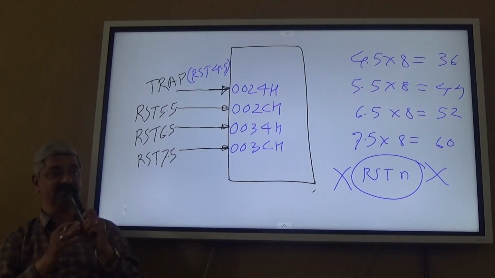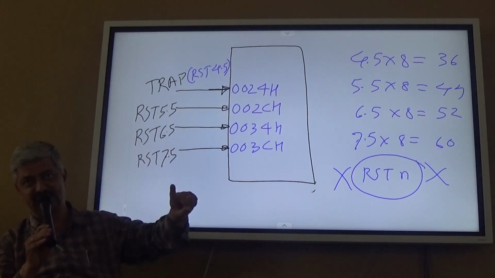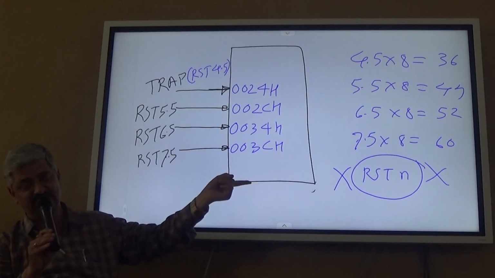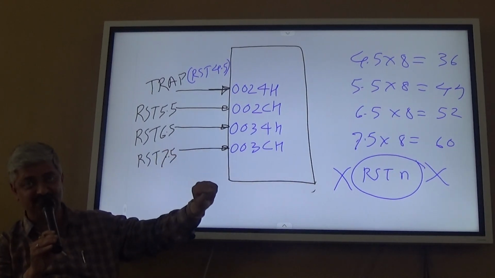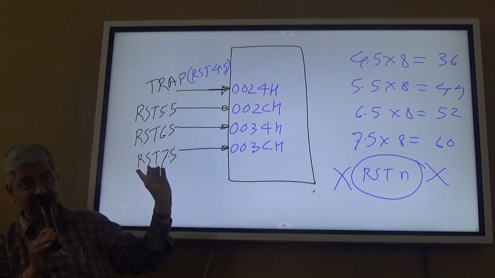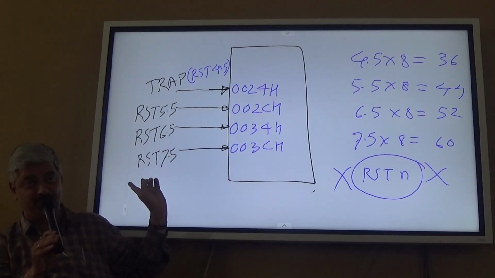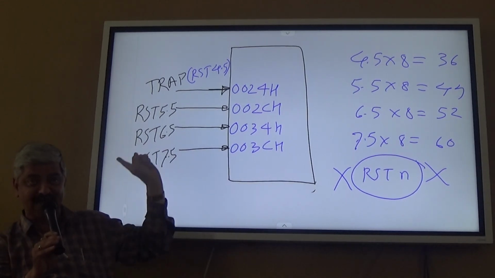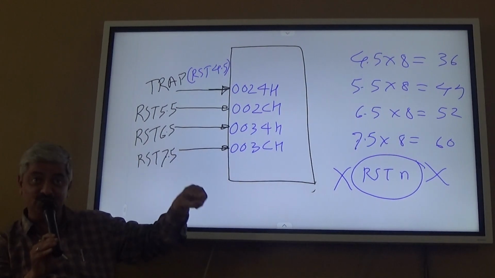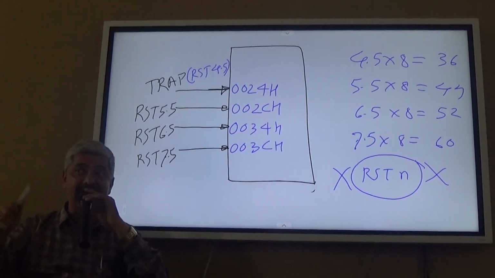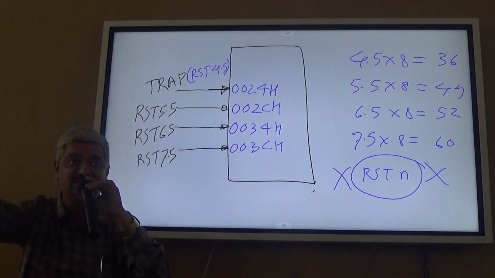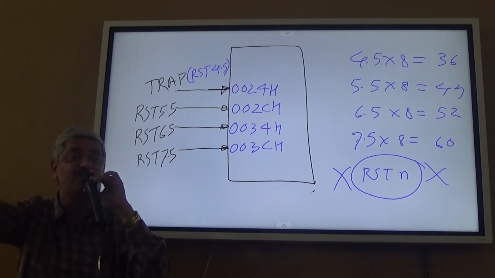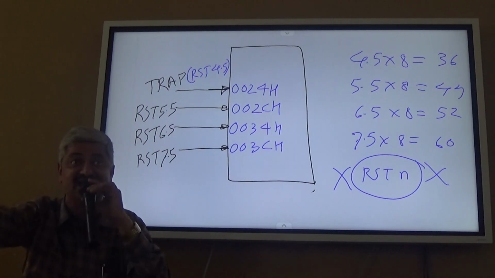The state of the microprocessor after reading the call instruction, the interrupt is able to bring the microprocessor into that state without reading the call instruction, as he has brought this student into the state of understanding everything even though he has not attended the lectures.